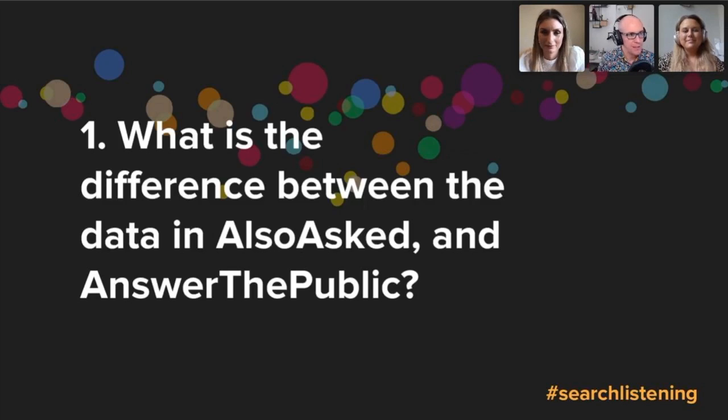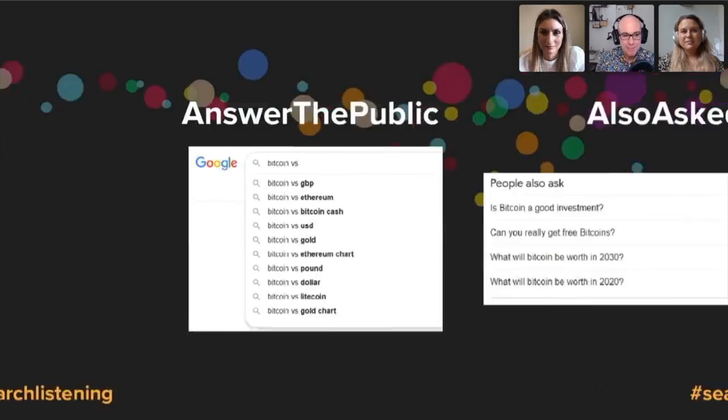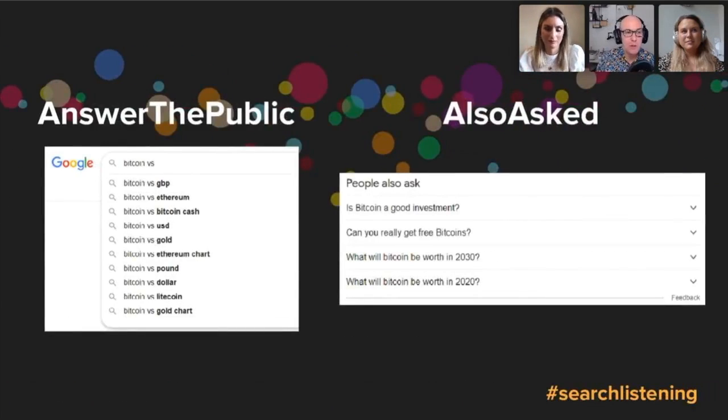And I think that's almost what they're known for in a way, because we've got a similar approach. They get mixed up. So for those that haven't used Also Ask before, or maybe even Answer the Public, they do actually use two totally different sets of keyword data.